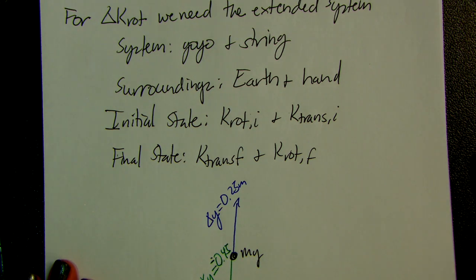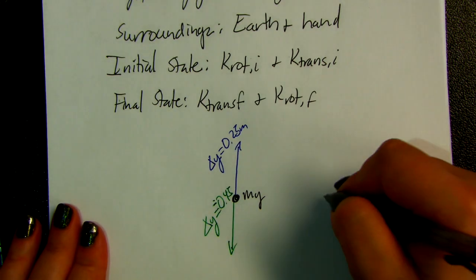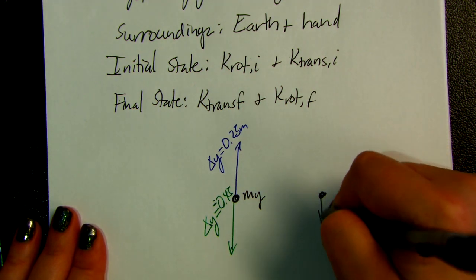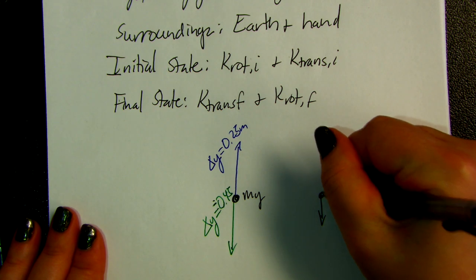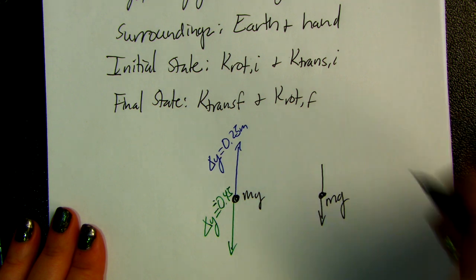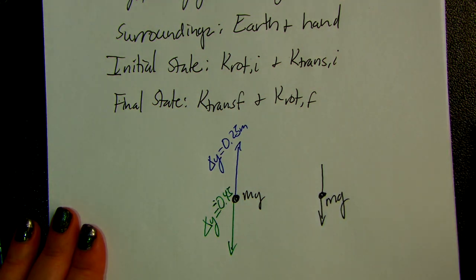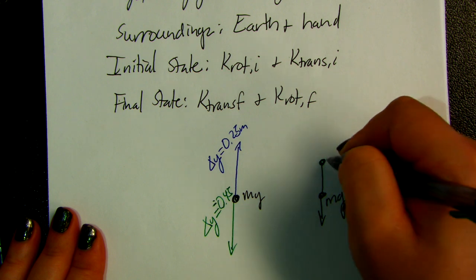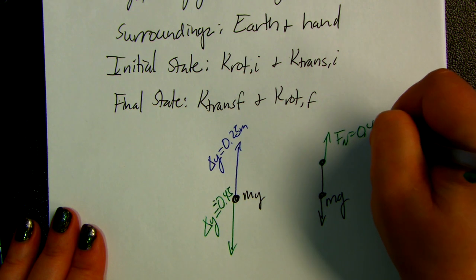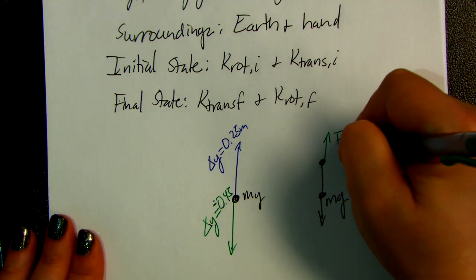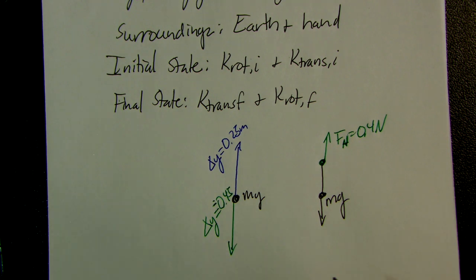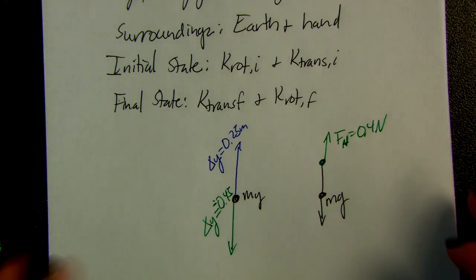So this is basically showing displacement. I'm gonna do a different diagram for the forces. So once again, we've got mg on the mass, and then we've got our string. And then we have F hand equals 0.4 newtons from the hand. Okay.